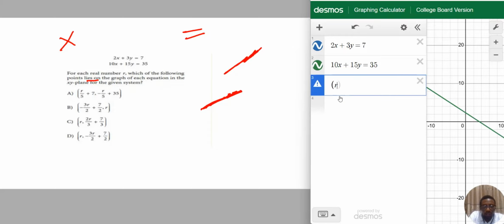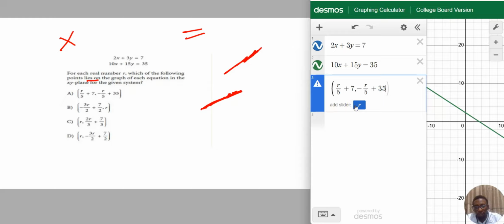So r divided by 5 plus 7, comma, minus r divided by 5 plus 35.